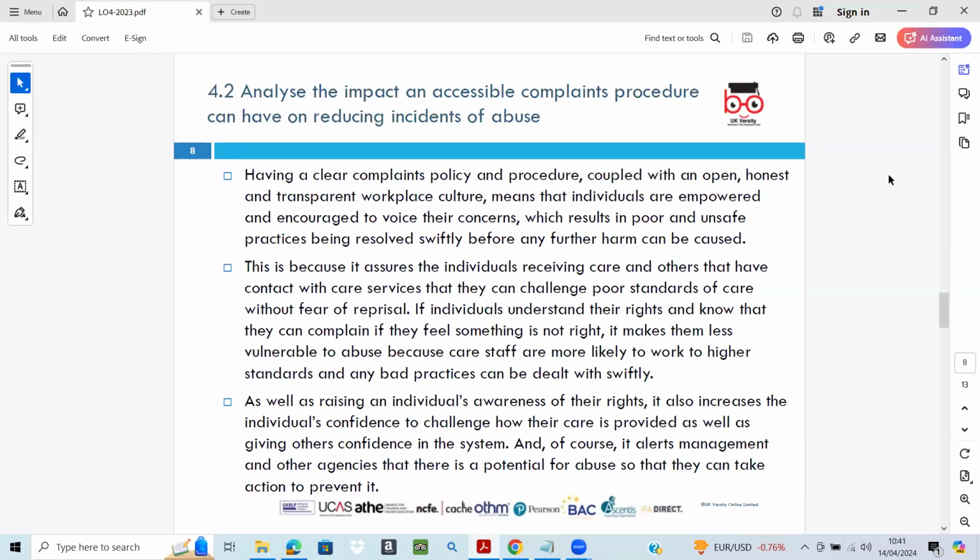Now, in the next slide, we have to analyze the impact an accessible complaint procedure can have on reducing incidents of abuse. Okay, so we have these bullet points, and it's discussing a clear complaint policy and procedure.